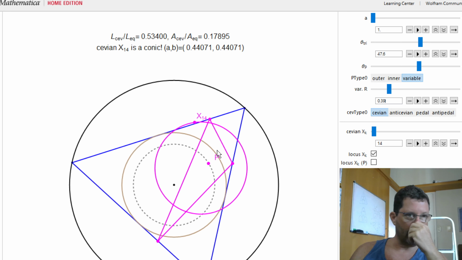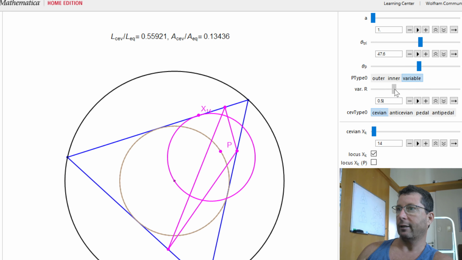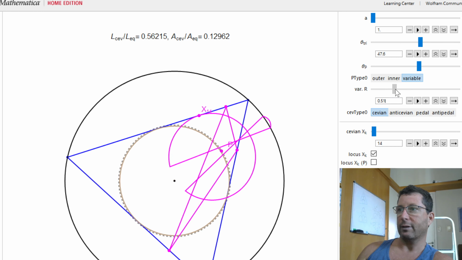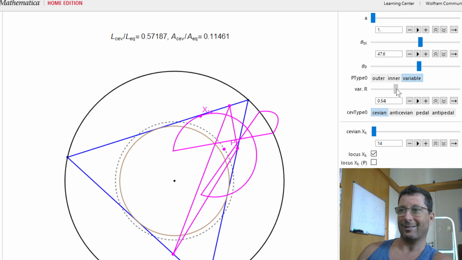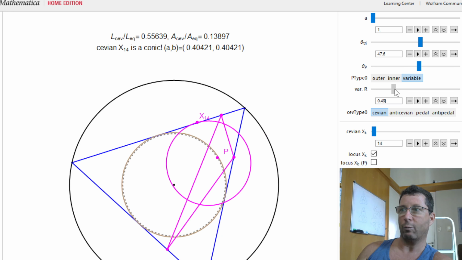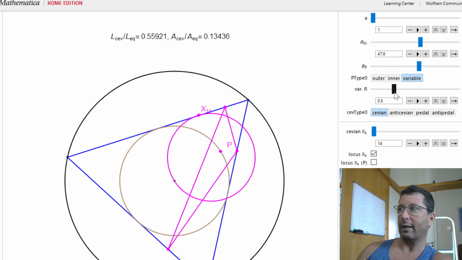There might be one or two outlier points that are going to infinity, and that's confusing my locus computation. But since this guy is being detected reliably as a circle, even when P is right here, X14 is a circle. Of course, if I move P outwards, you can see that there's this sudden transition. This could explain why it's not being detected right here as a circle.